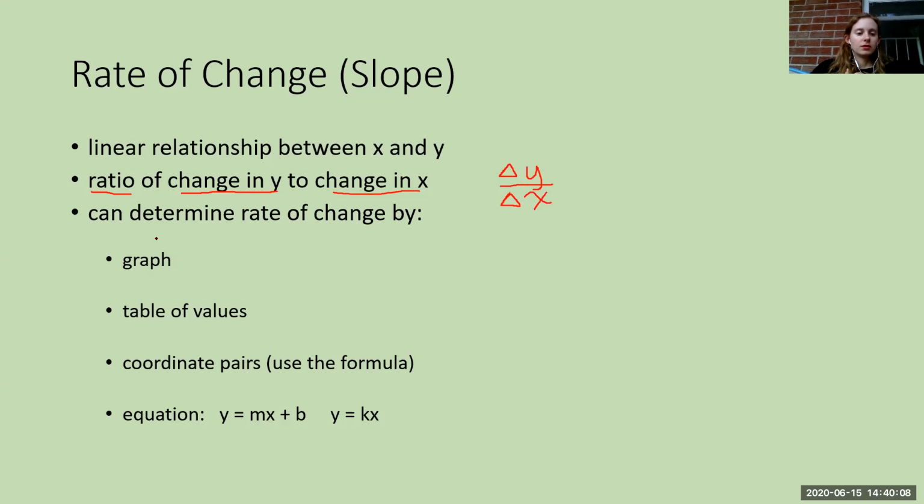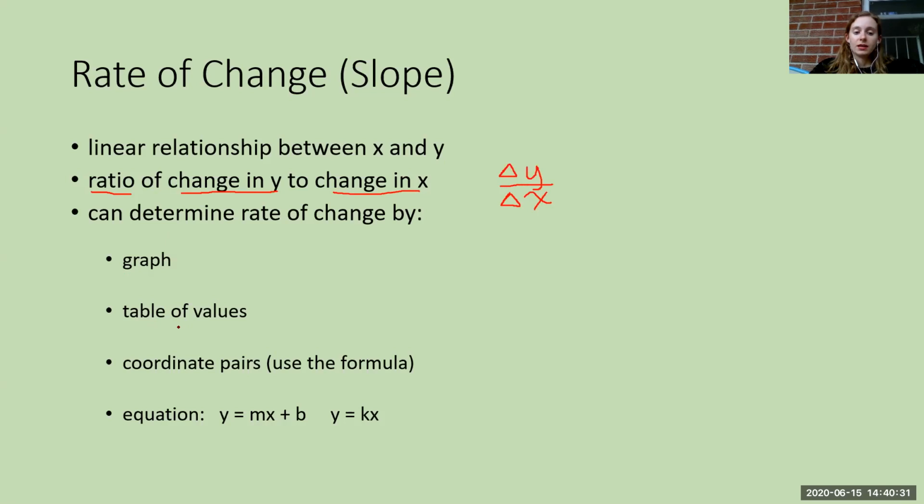And now there are several different ways that we can determine slope, or that we may be asked to determine slope. We can determine slope by examining a graph. So if we're given a graph with a line on it, we may be able to just visually inspect the graph and figure out the slope. We'll see an example of that later.